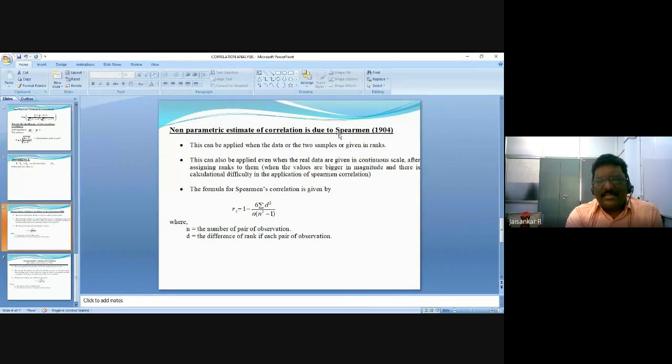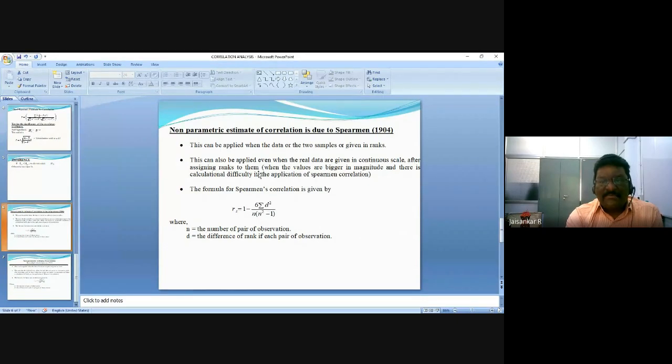Number two, there is a thing called rank correlation. What is rank correlation? It is calculated when the observations are given in ranks rather than actual observations. In such cases, rank correlations can be found. It can be applied even when the real data are on a continuous scale.